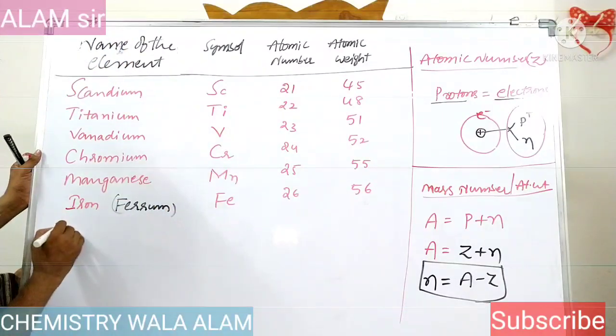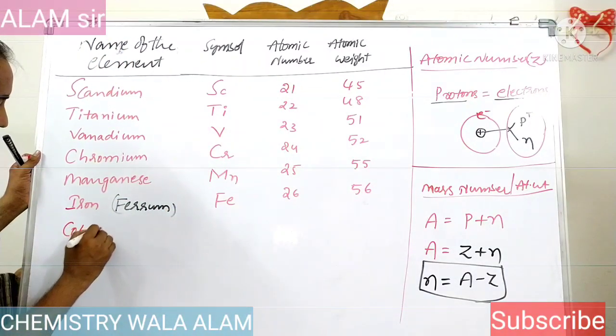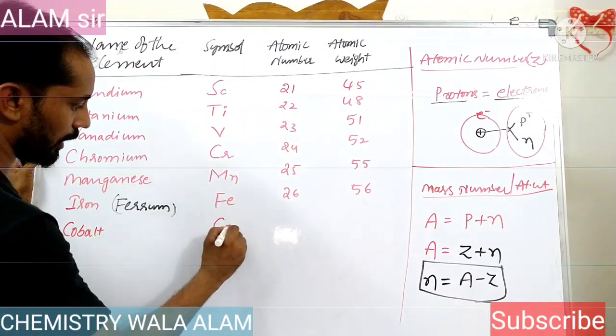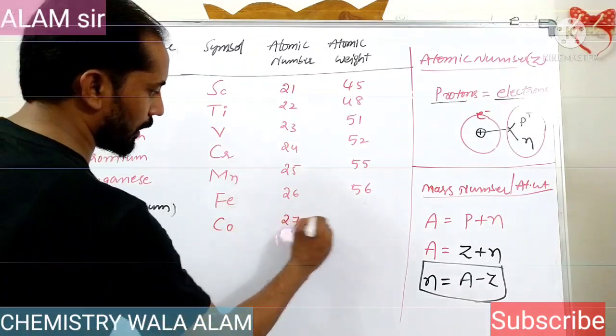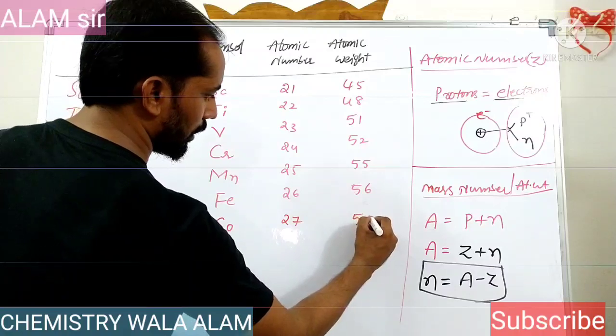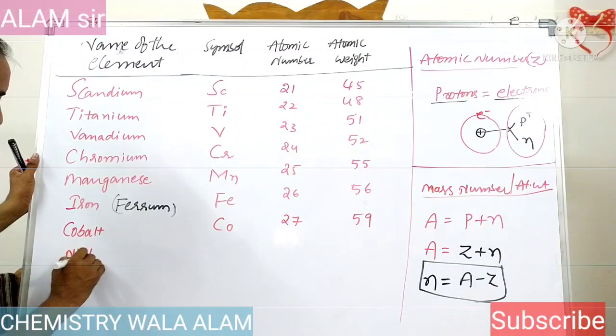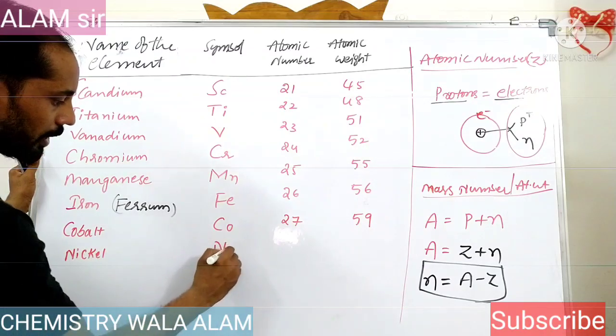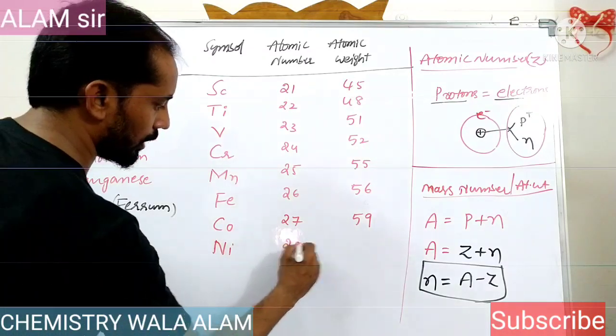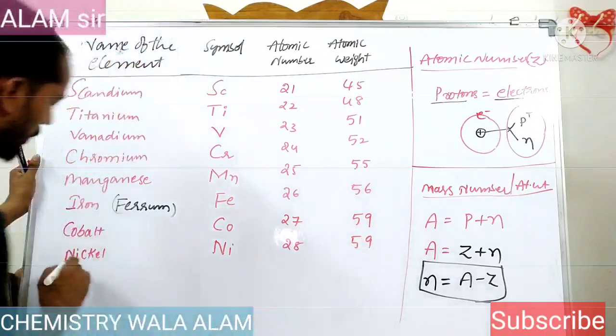Okay, cobalt Co 27, 59. Nickel Ni 28, 59.